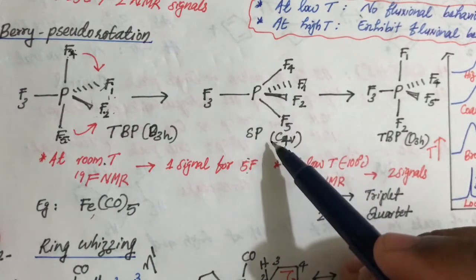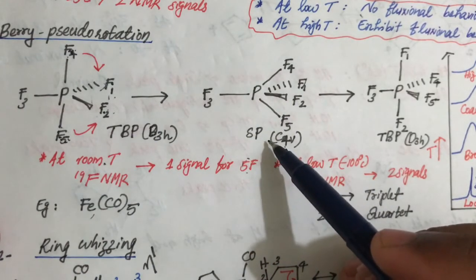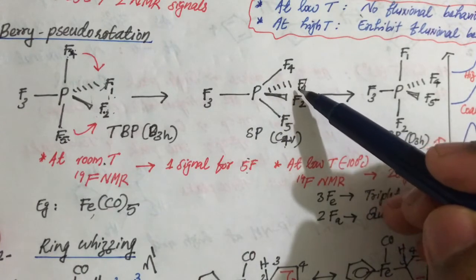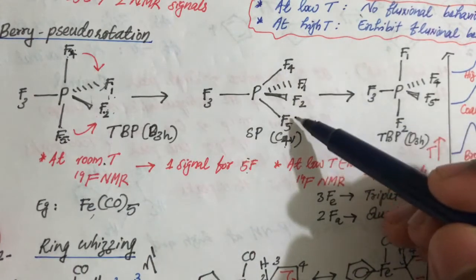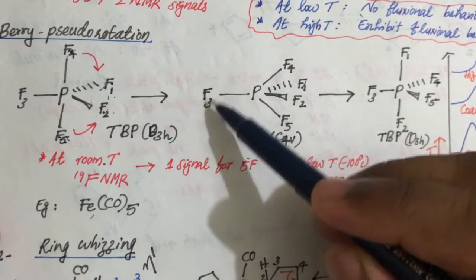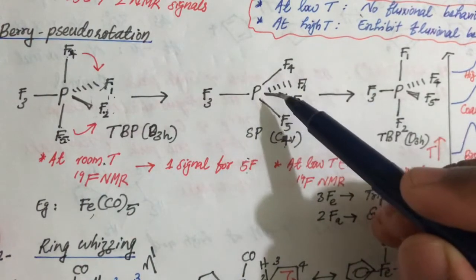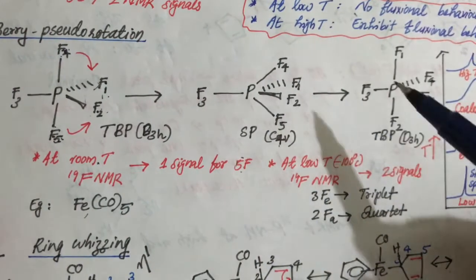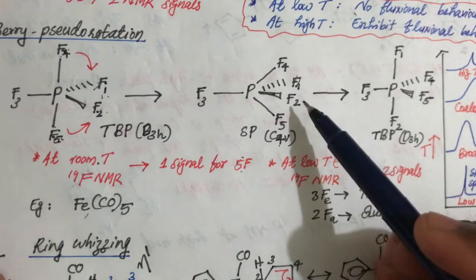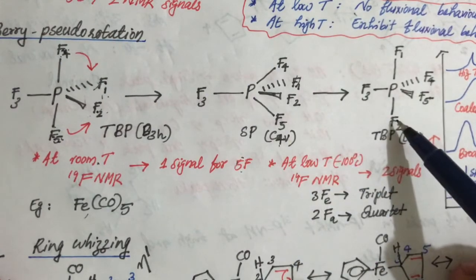Now it becomes a square pyramidal structure, in the sense that these 4 bonds are in the corners of a square. Finally, this F1 becomes this position, this F2 becomes this axial position.